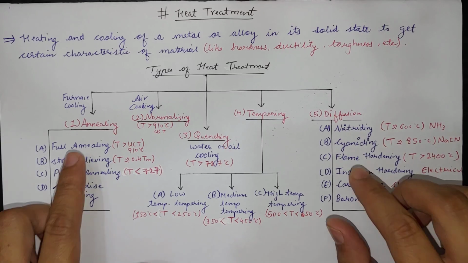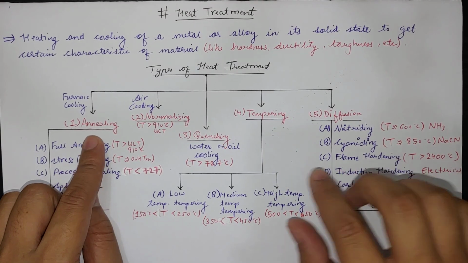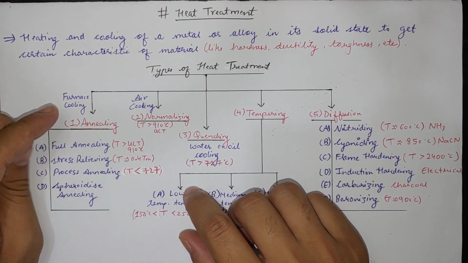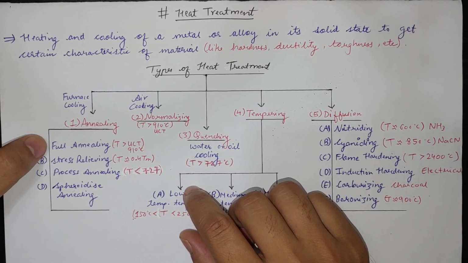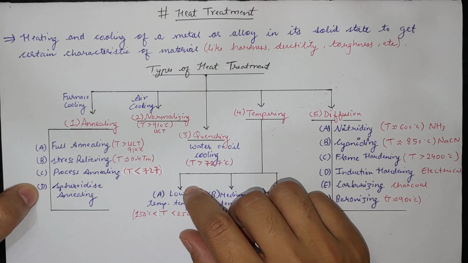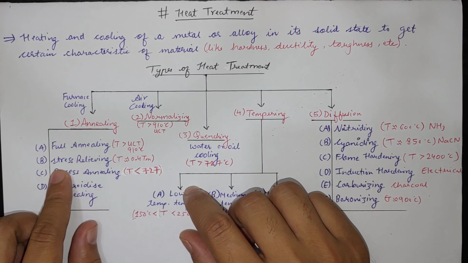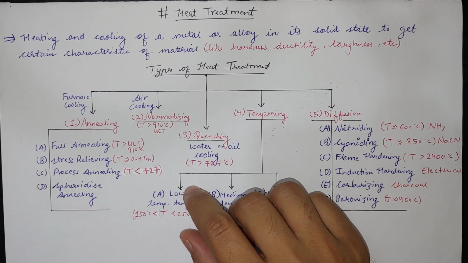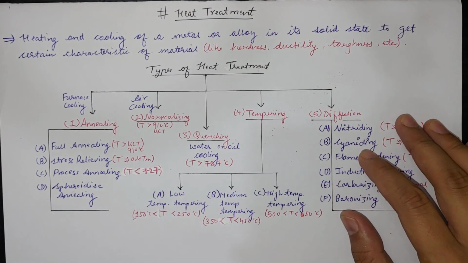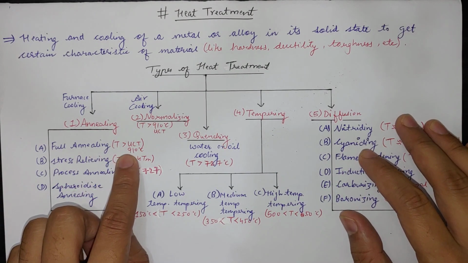So annealing is a heat treatment process in which we relieve the stresses and improve the ductility. We'll discuss these four processes: full annealing, stress relieving, process annealing and spheroidized annealing in detail in separate videos. Here I have mentioned the temperatures.